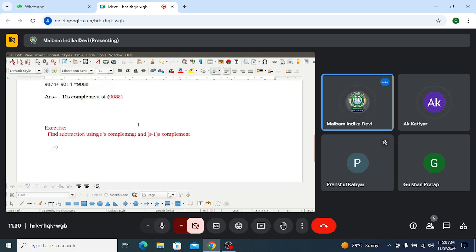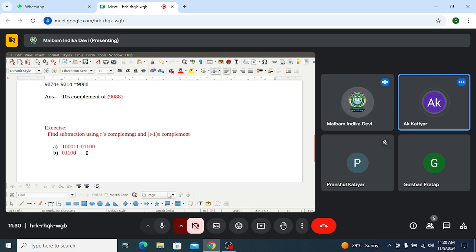Here, let's say A is 1000011 minus 01100, and 2, 4, 5, 6, 5. Number B will be the reverse process of this: 01100 minus 1000011.